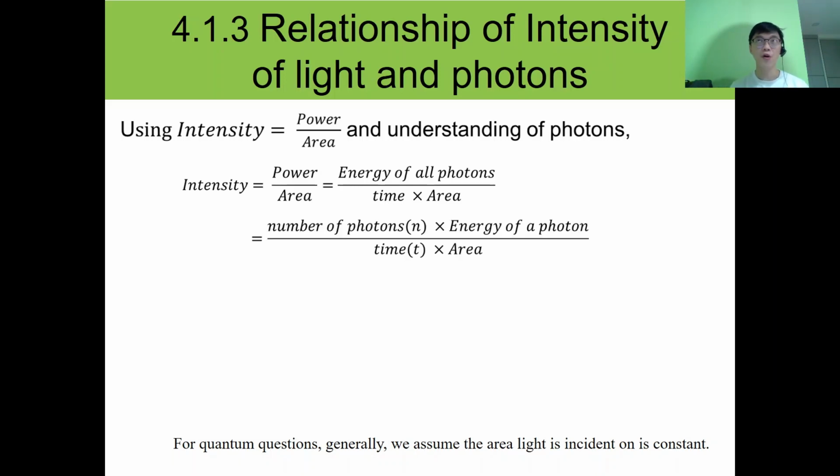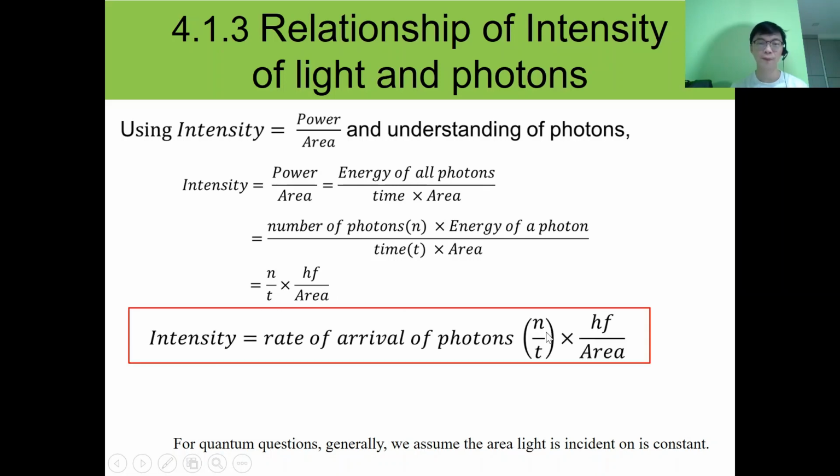But the energy of all the photons is just the number of photons times the energy of a photon. If you rearrange, you get n over t, the rate of arrival of photons, multiplied by the energy of a photon, hf, divided by the area. So intensity is the rate of arrival of photons, n over t, times hf, divided by area.